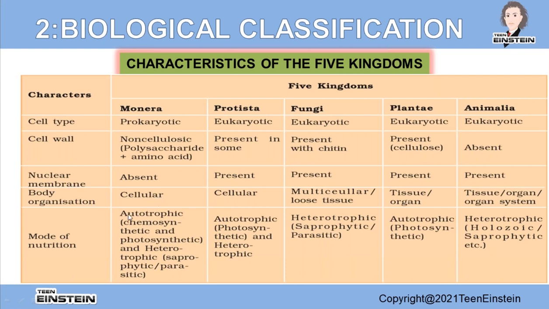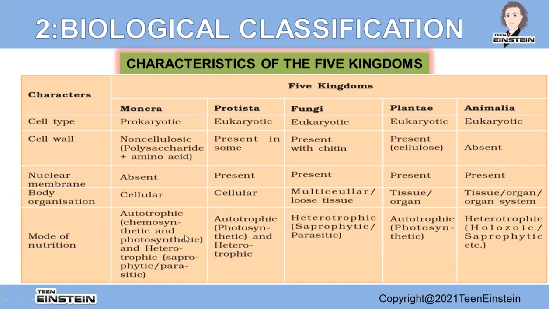So you can write these characters easily. Characters of Monera: prokaryotic, nuclear membrane absent. Then what about the body organization? At the cellular level. As I showed in that chart, only single-celled organisms, bacteria, are present in Kingdom Monera. So cellular level of organization. And mode of nutrition is autotrophic or heterotrophic.